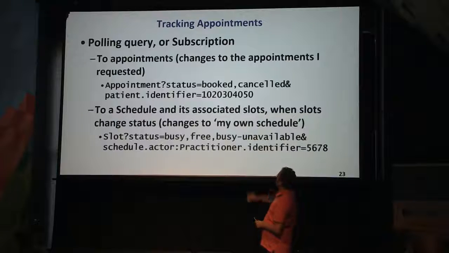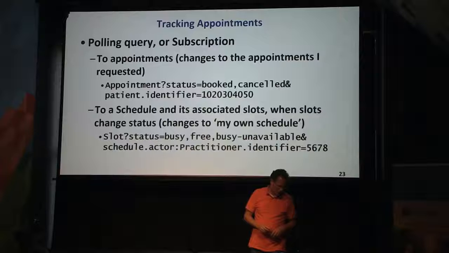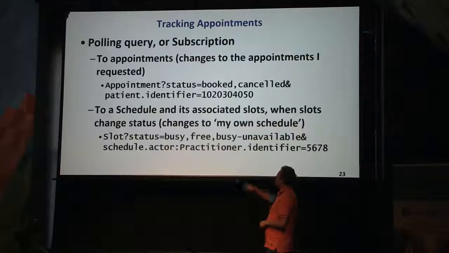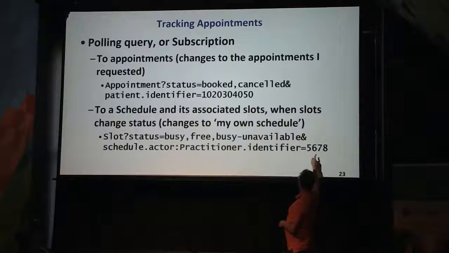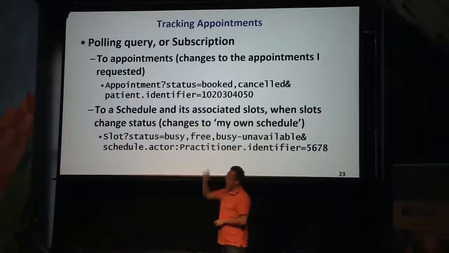In this example, we're using the National Citizen Identifier to do the querying, so we get hold of all appointments. The bottom one is to get hold, let's say, of the agenda of a particular practitioner, where we use the National Practitioner Identifier to query for any slots that have these statuses.